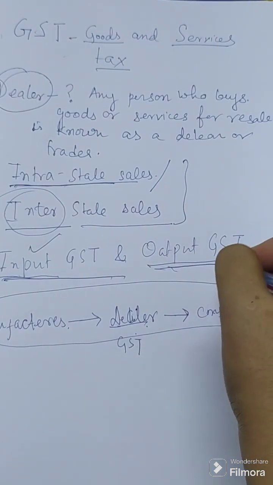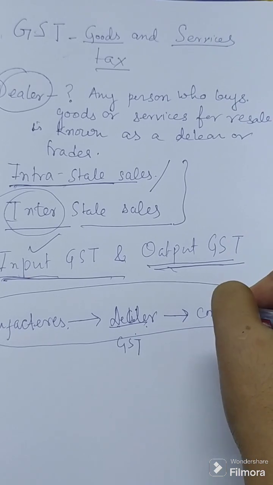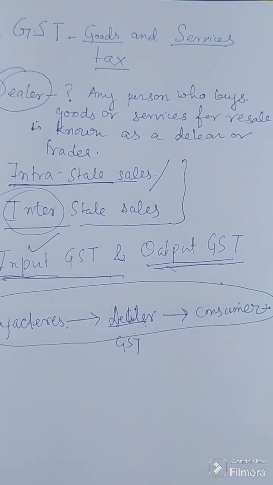And when GST is collected from a customer, then it is known as output GST.